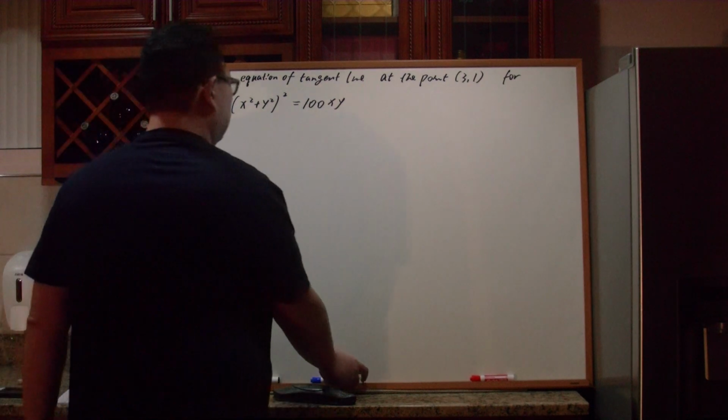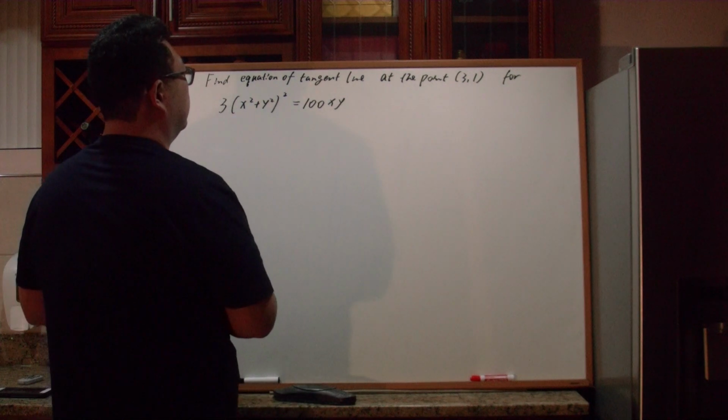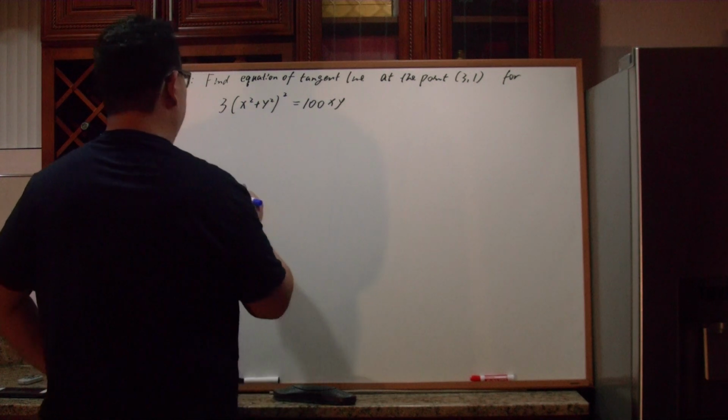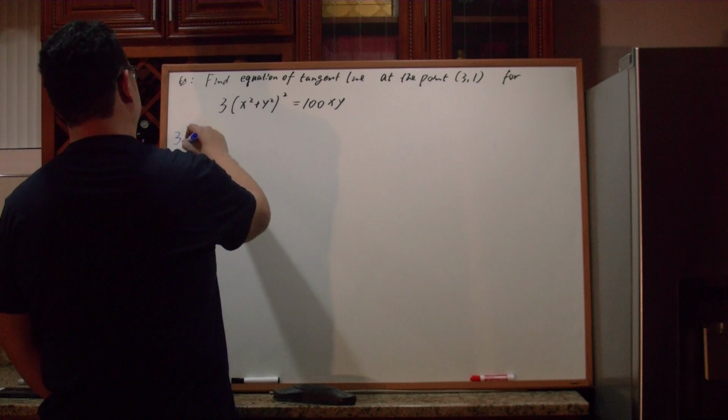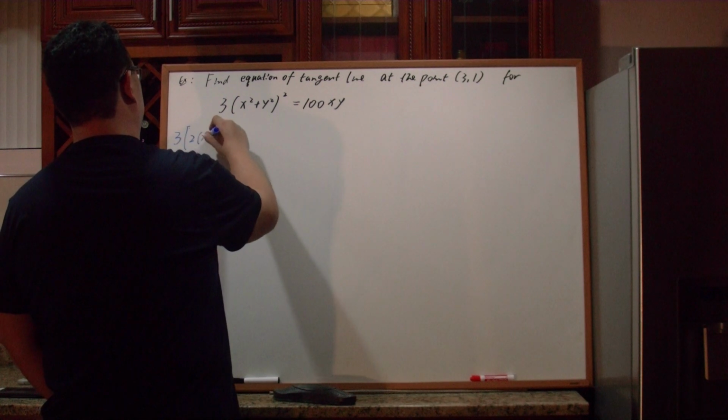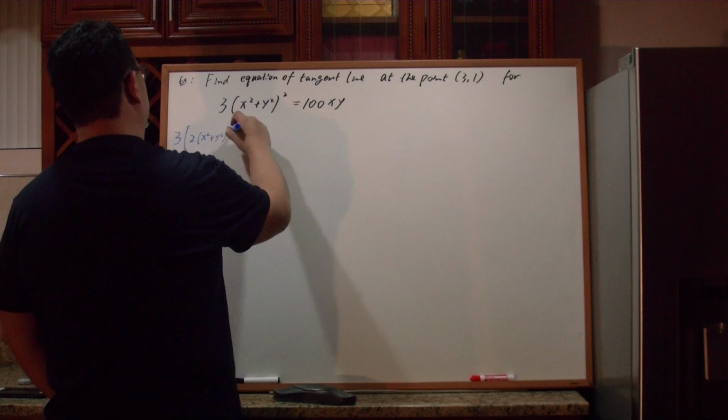Then, to find the tangent line at a given point, we first need to find the derivative. We have 3 times the power of 2 on (x squared plus y squared) to the first power.